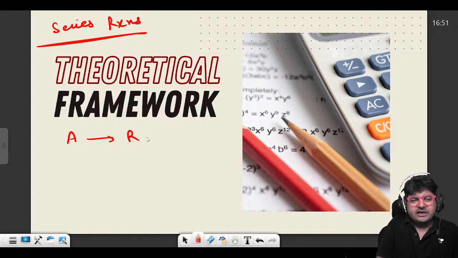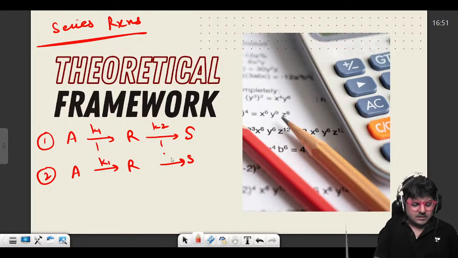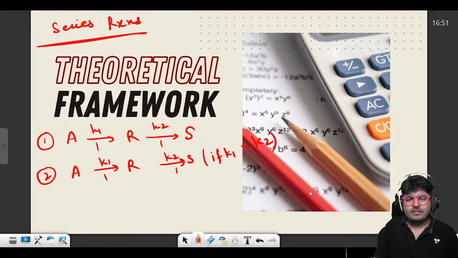फर्स्ट, जनरली 4 ही केस हैं हमारे एज पर द सिलेबस. छोटा सा सिलेबस है हमारा. 1-1, ये फर्स्ट केस हो गया. सेकंड केस इज A gives R, R gives S, rate constant is, order is 1-1, और यहाँ पे इन्होंने K1 इक्वल टू K2 ले लिया. Okay.